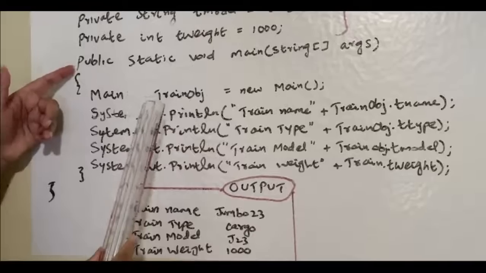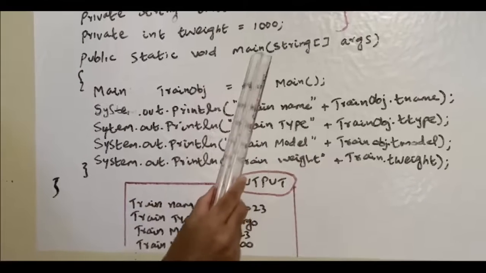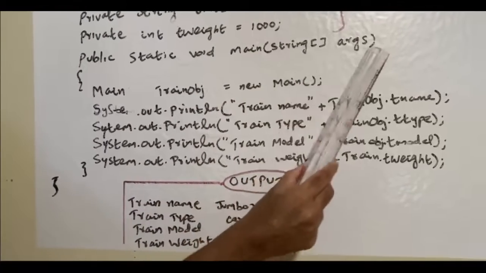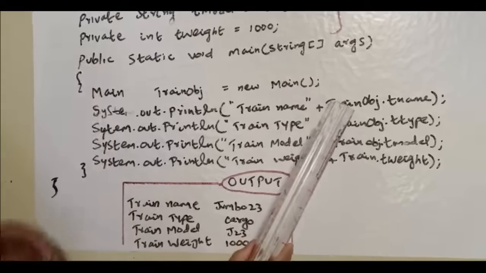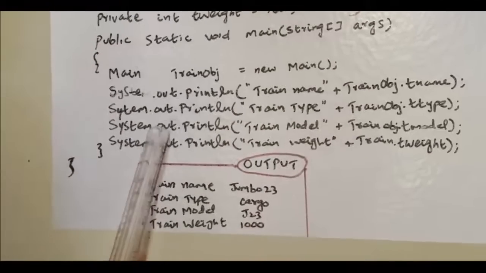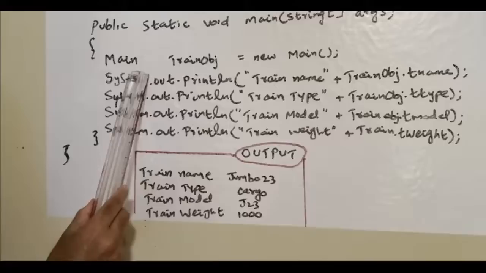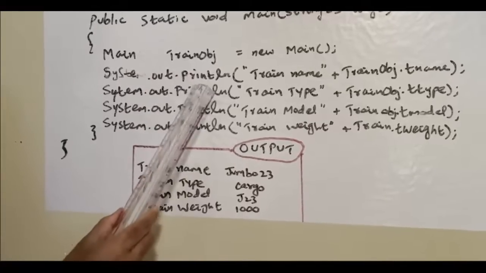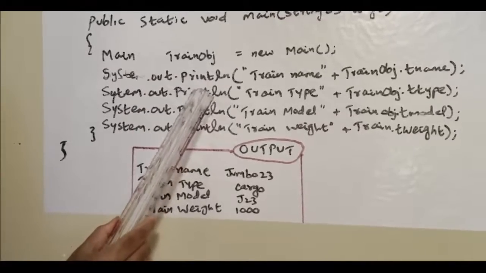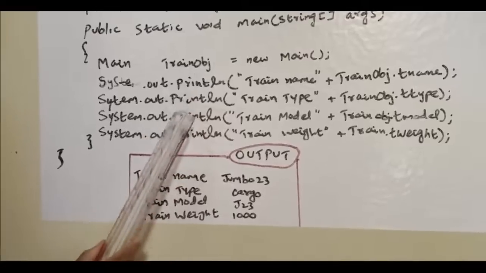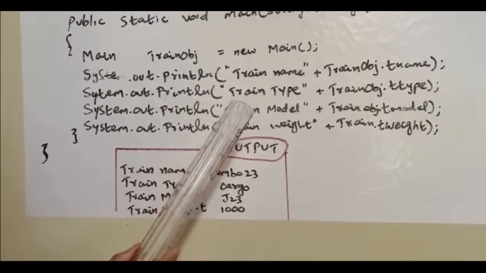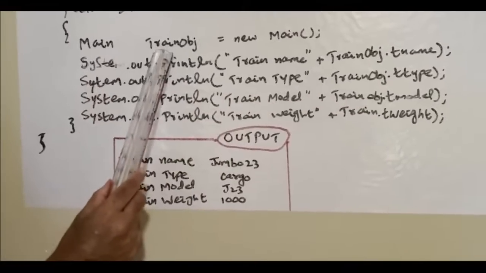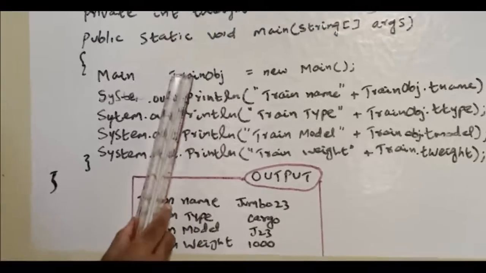Next, another public static void main function, String args, the same regular syntax, in the public class. Here I am instantiating the object. I have a full video about how to define a public class, call it within the program and instantiate the object. So I am giving a name, train object. What is main?